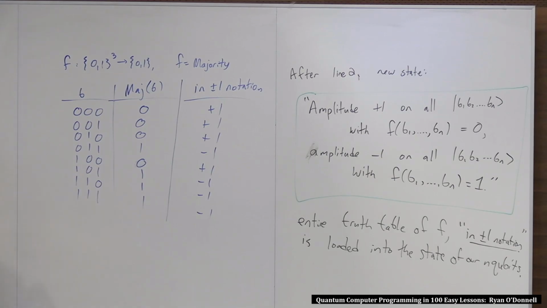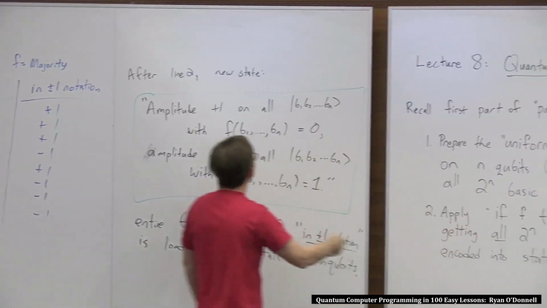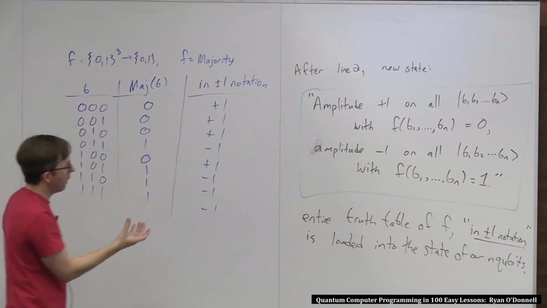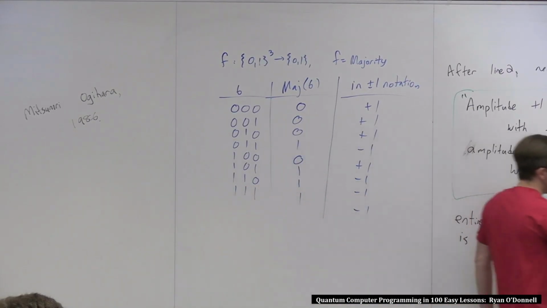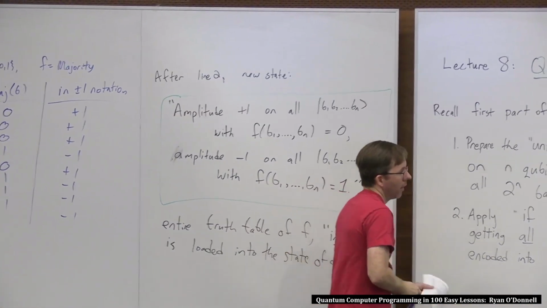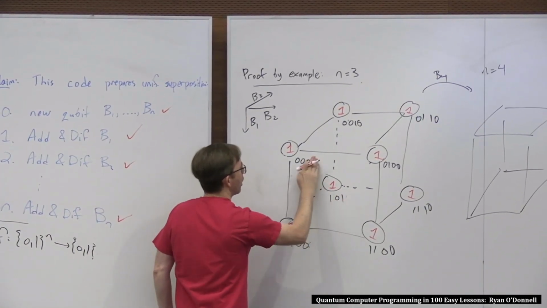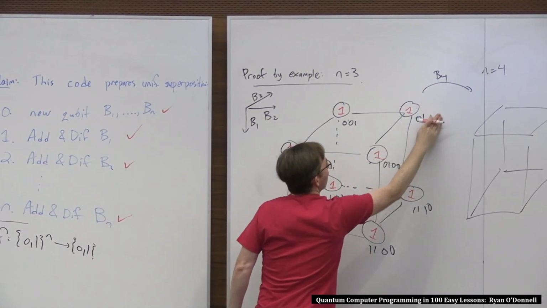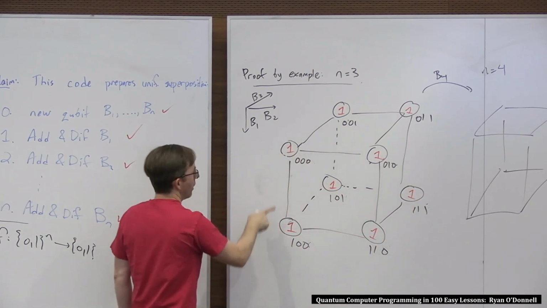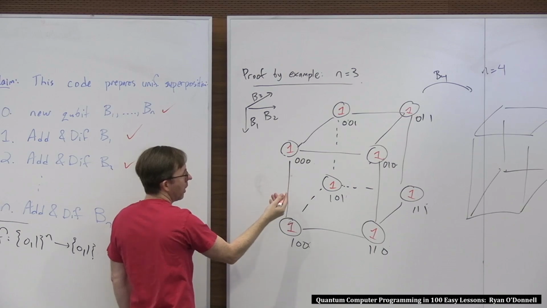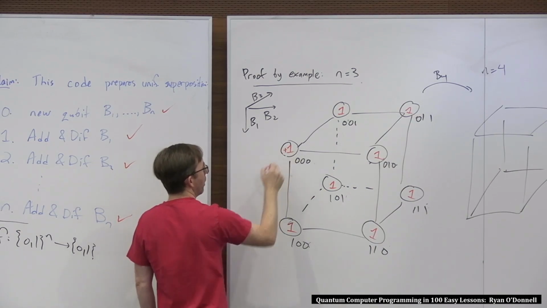And what this means is, if we were to literally do this operation, where f is the quantum code that implements if majority of 3 then minus, then the new state would exactly encode the truth table of this majority function. So let me draw it here. The majority of 0, 0, 0 is 0, and the plus or minus 1 notation for 0 is plus 1.